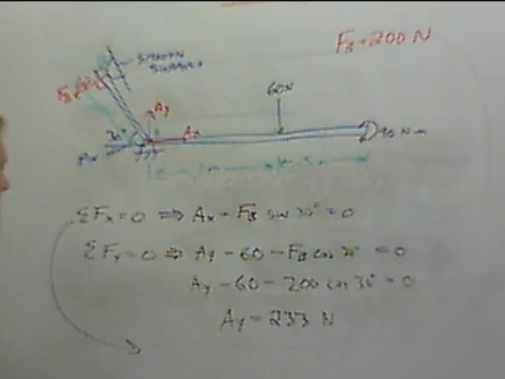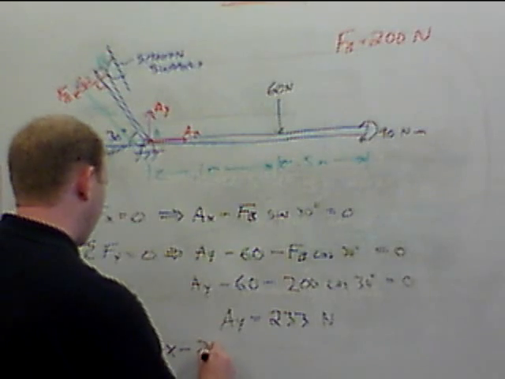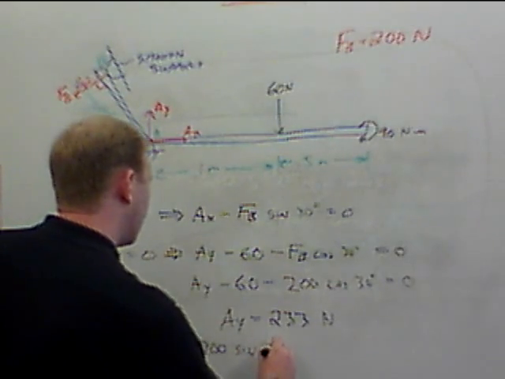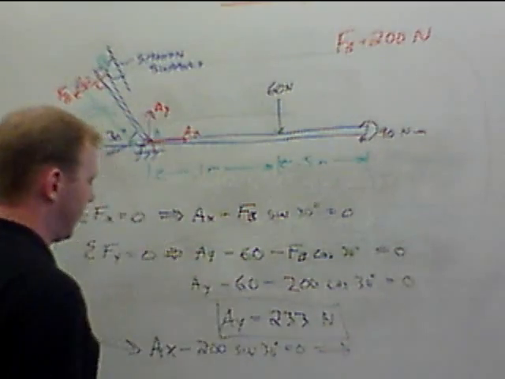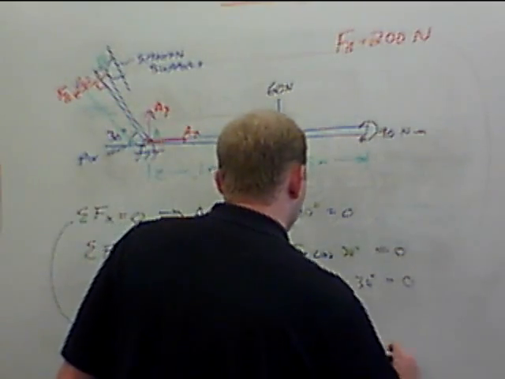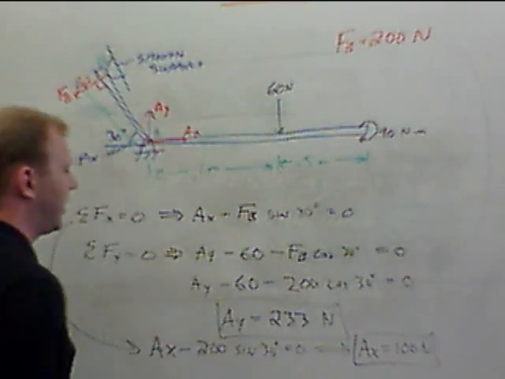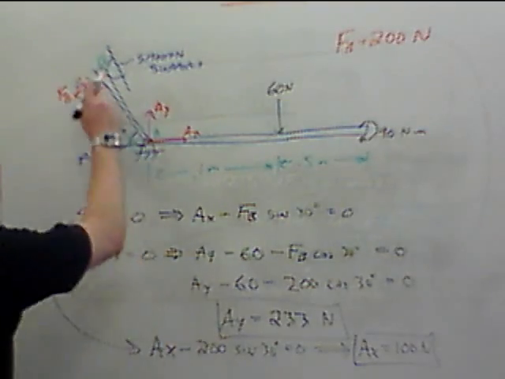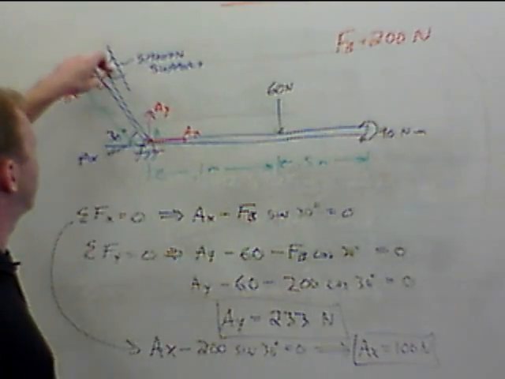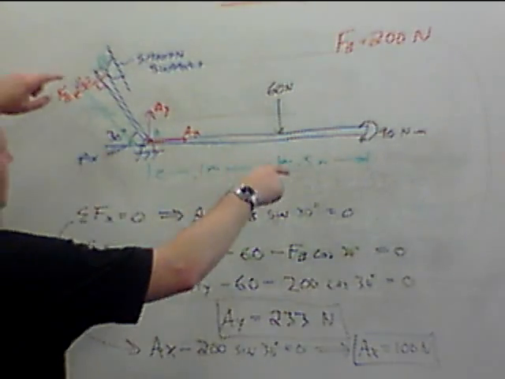Summation of forces of X, we have AX minus 200 sine 30 equals 0. That becomes AX equaling 100 newtons. Both of these are positive, meaning I did draw these in the correct direction. Okay, which means we're left with showing that to support this thing, this little smooth support here is pushing this way with 200 newtons, again to keep it from rotating.